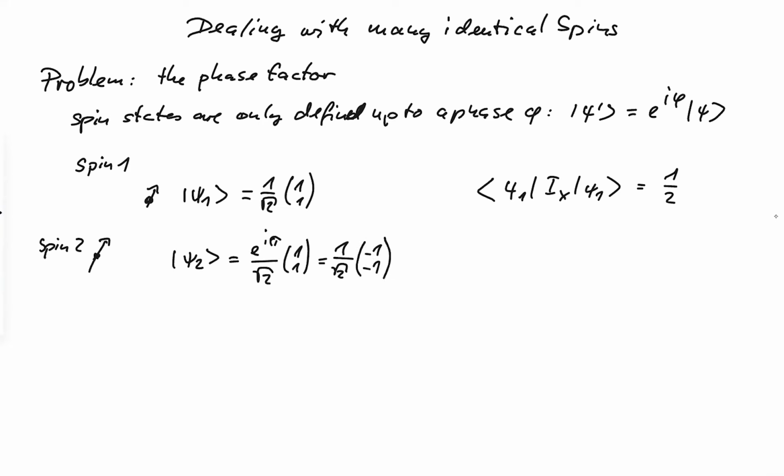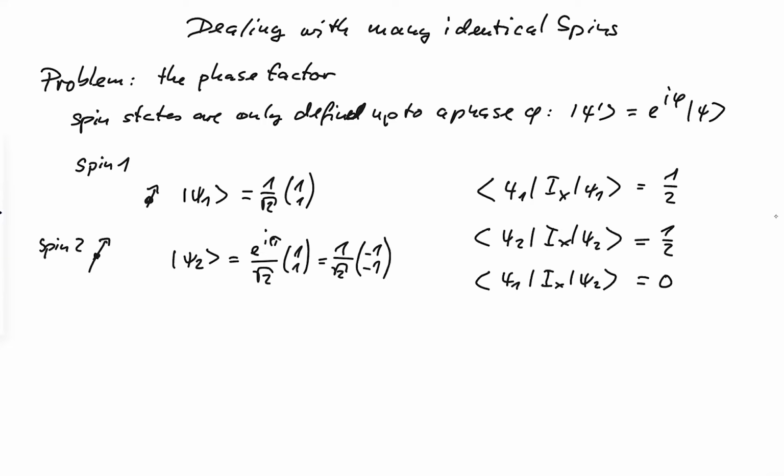And again, the expectation value psi2, Ix, psi2 is simply 1/2, as we would expect. Even more so, psi1 Ix psi2 results in no interference, meaning the two spins are really treated separately, just as we want to have it.